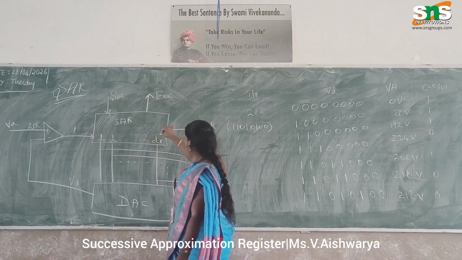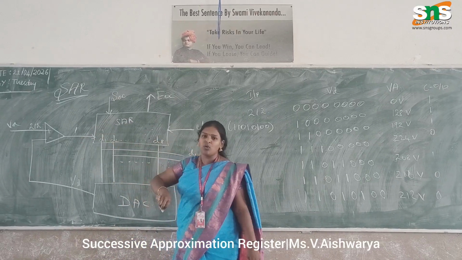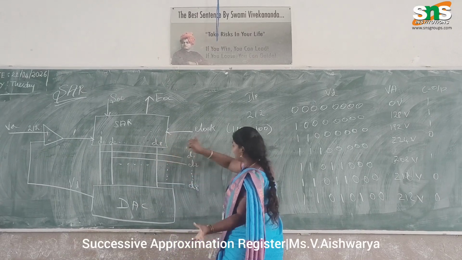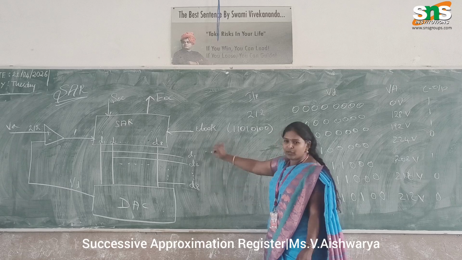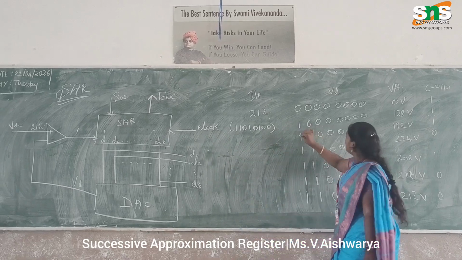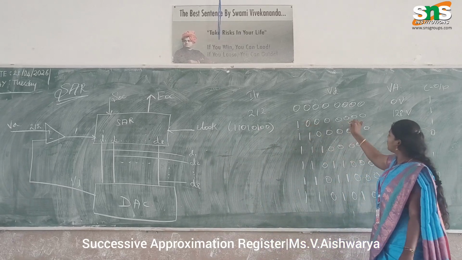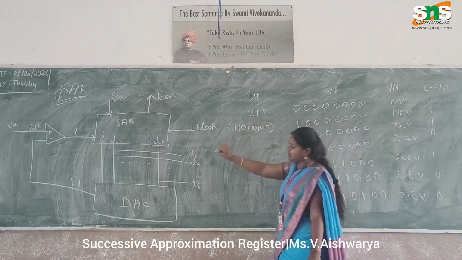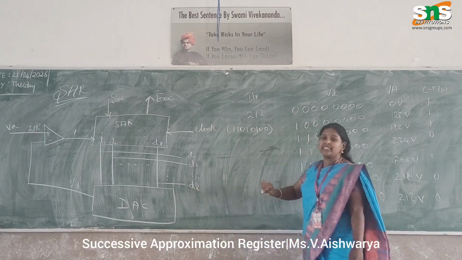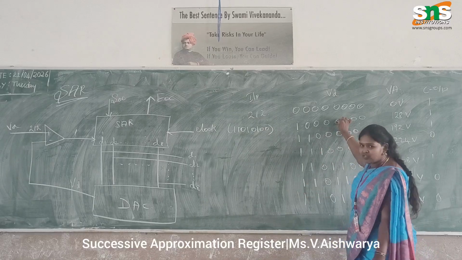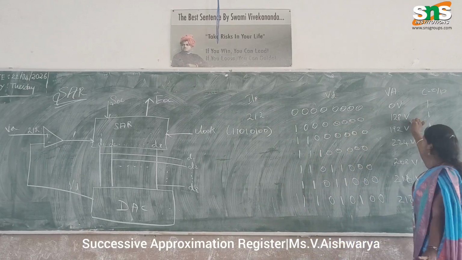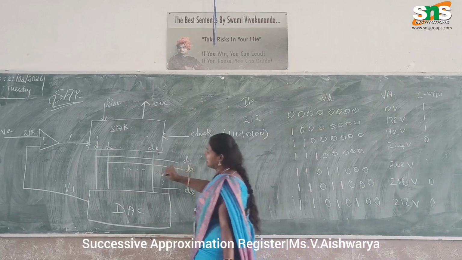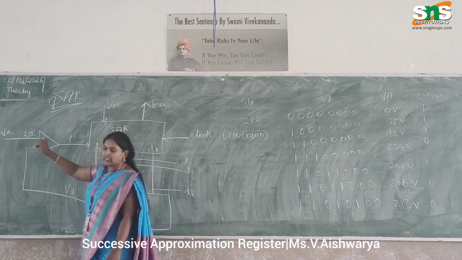This time the MSB goes to high and the remaining bits are 0, so we get 10000000. The same signal is also given to the DAC, which converts this digital signal into an analog signal, that is 128. This 128 signal is now given to the inverting terminal.